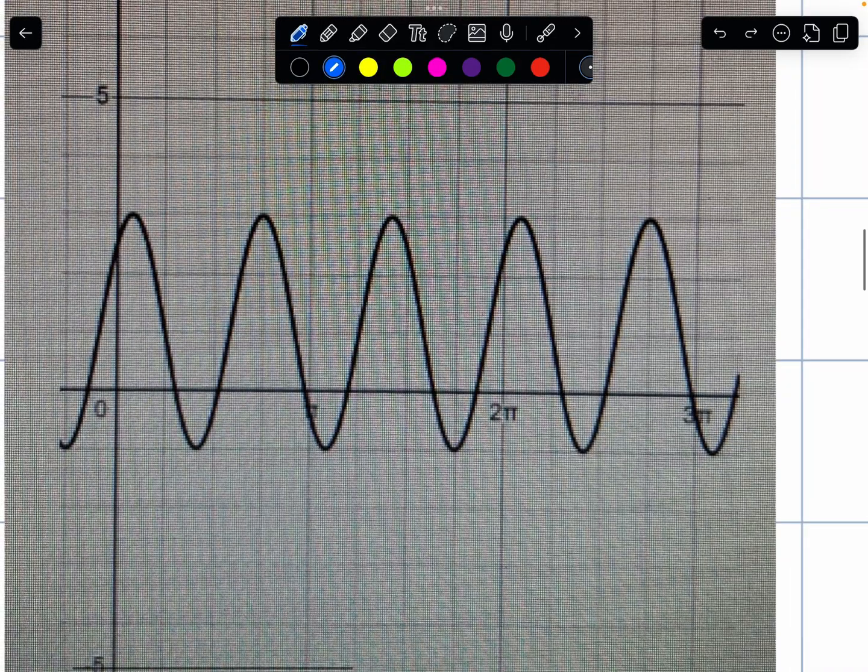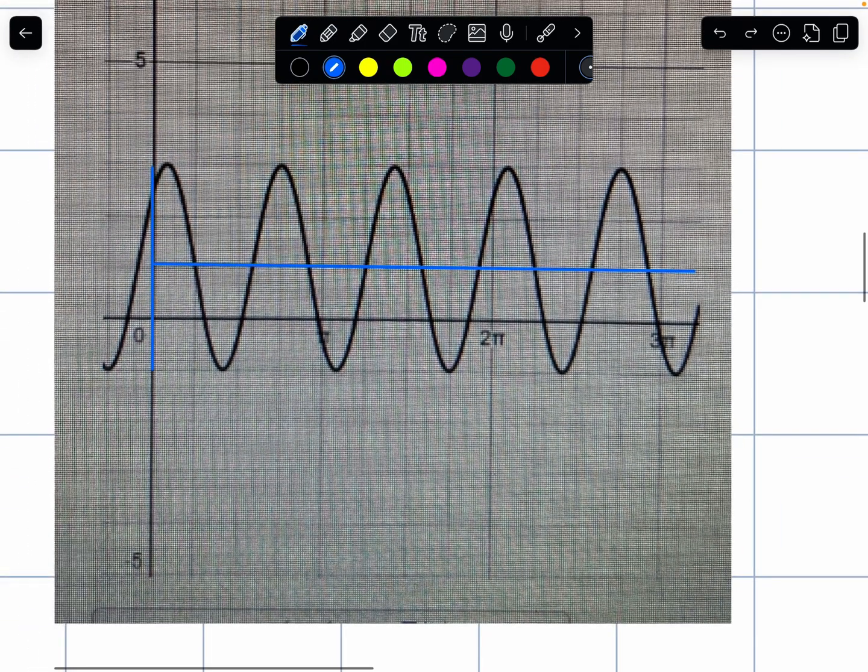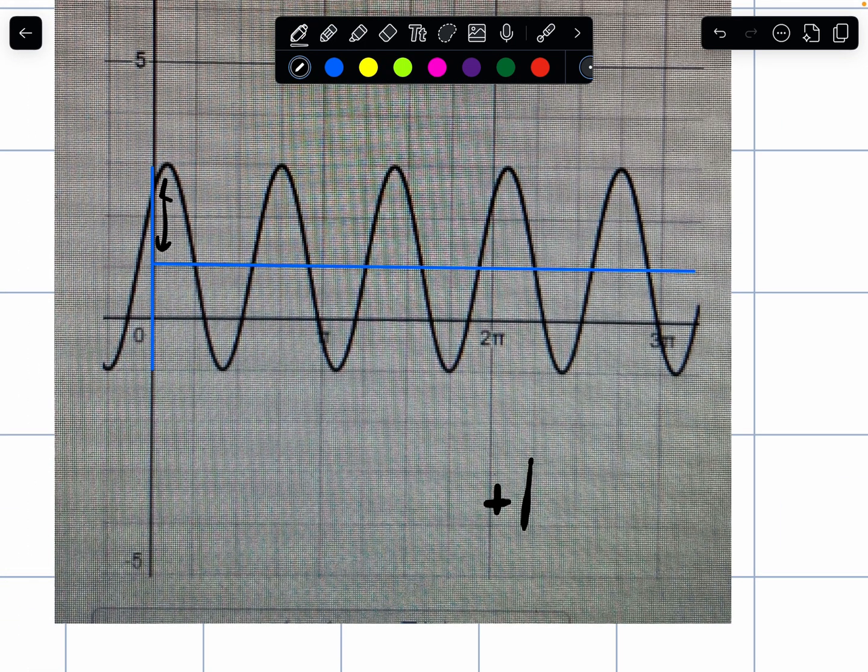I'm going to start with looking at my midline and my amplitude. So we could definitely see that this is going up 1. So when I write it, I'm going to have a +1 at the end. And I could see that this distance here and that distance there, those are both 2. So it's going to be 2 something, something, something, something, something, +1.